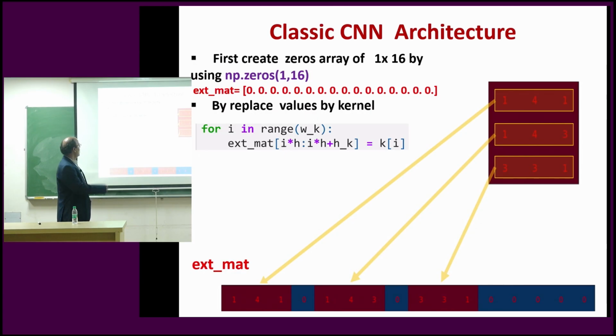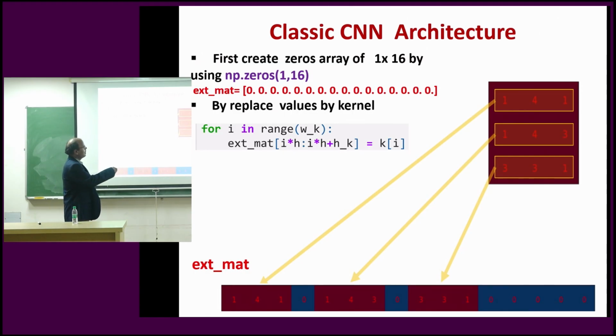It's very simple logic: for i in range(wk), where wk is the width of the kernel, extend_matrix[i, i*h : i*h+hk] equals k[i], where h is the height of the input.